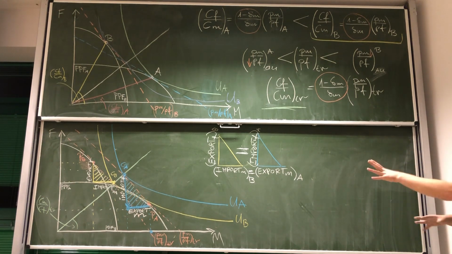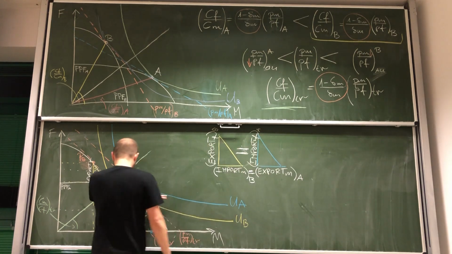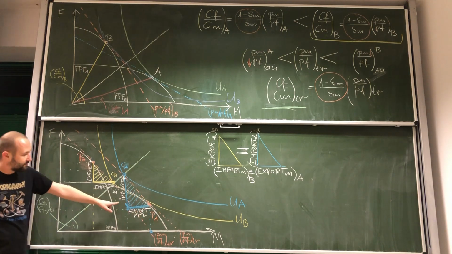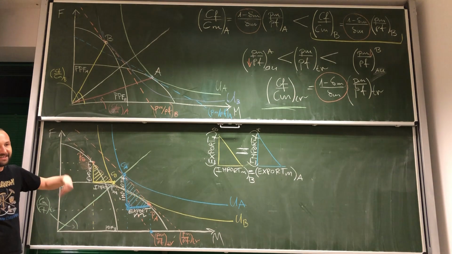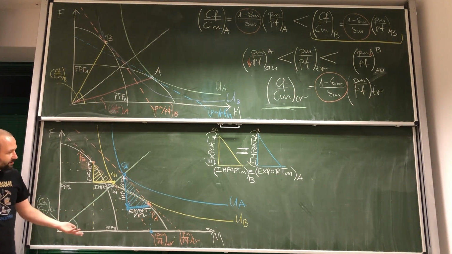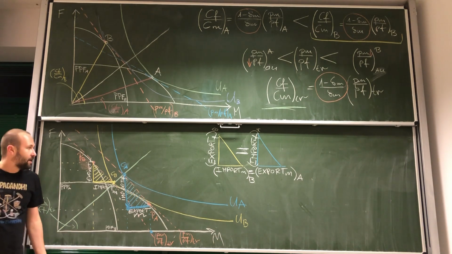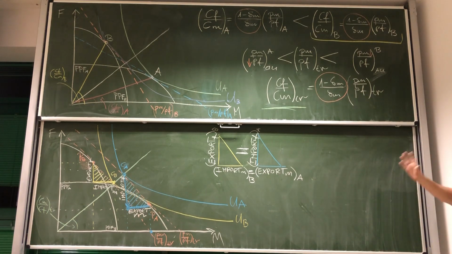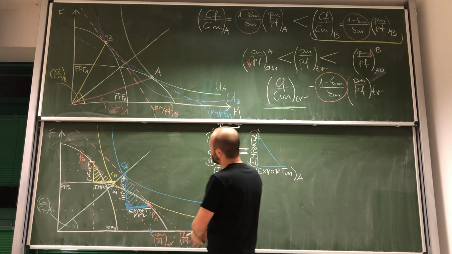So the countries are specialized, and now they are exporting the goods that use intensively the factor that they have relatively in abundance. Okay, and look, this is the most important graph from the entire model. Please know how to draw it.